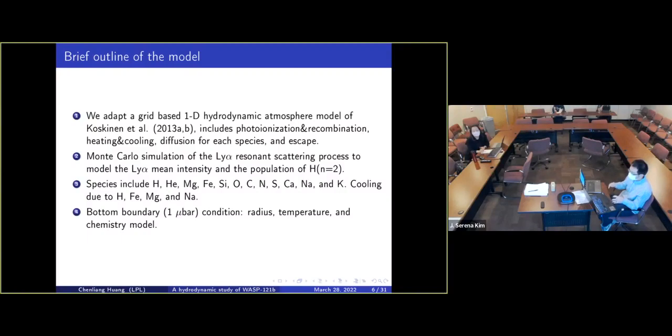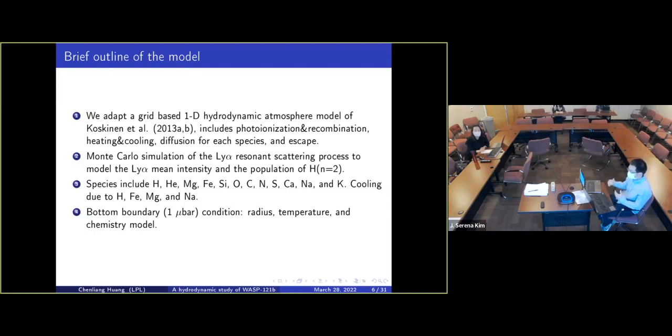So I'm going to talk about the Monte Carlo simulation of the Lambda alpha resonance scattering process to get the excited state hydrogen. And then we add a bunch of metal species into it. This metal species, not only can we maybe detect it, but it can absorb some, as it has a lower ionization threshold than hydrogen, so it can heat the atmosphere when hydrogen or Lyman continuum is already opaque.